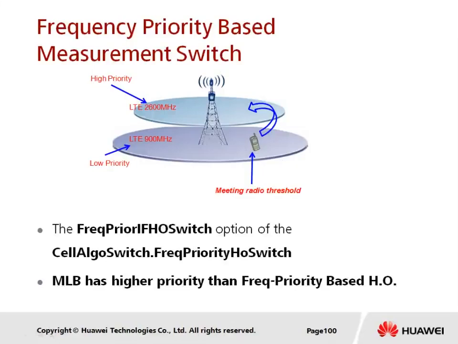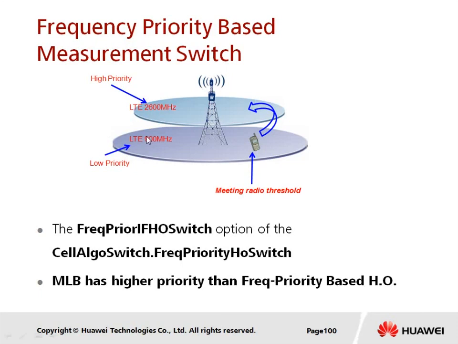The next measurement-based interfrequency handover is triggered based on a factor of frequency priority. For frequency priority-based interfrequency handover, that is all determined by the frequency priority which we have set in the system.